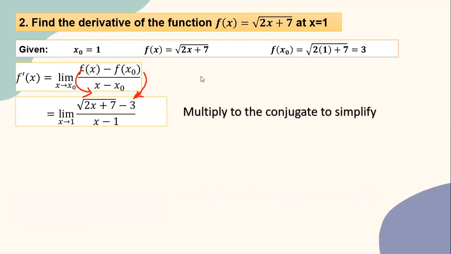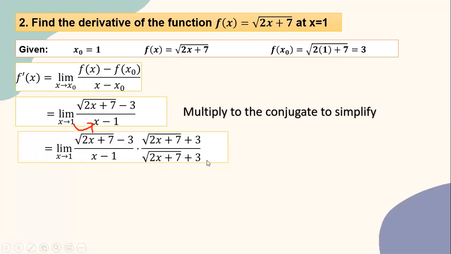So, paano kaya natin masisimplify ito? Okay, so hindi natin pwedeng basta i-substitute yung 1 sa ating x dahil magiging 0. That's why we have to simplify the expression. Okay, so we will have to multiply to the conjugate of the numerator. So the conjugate of the numerator, so paano ba yung conjugate?